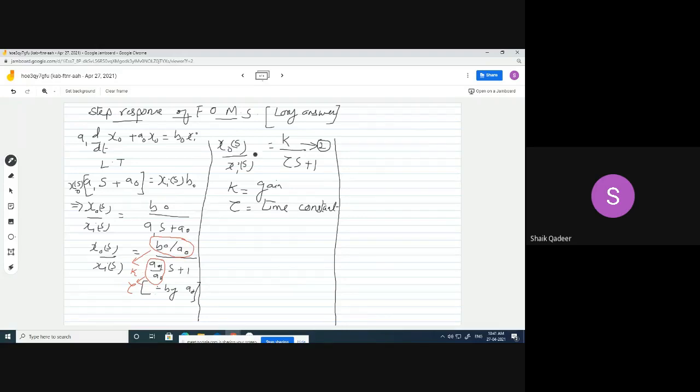By looking at this, we can say that this belongs to the first order category, because the denominator of this equation is actually called the characteristic equation. What is the highest order of this characteristic equation?